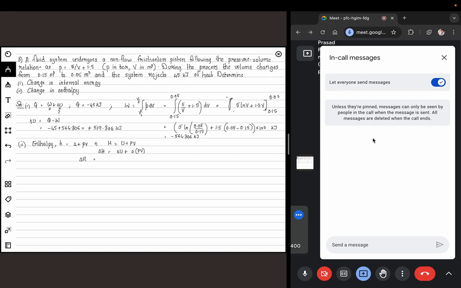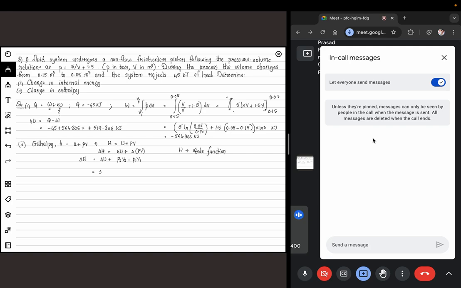Again, to reiterate, H is a property or a state function. It only depends on the initial and final states. It doesn't depend on the process you are following. So this will be delta U, which we have calculated before, plus a term that depends only on initial and final states, that is P2 V2 minus P1 V1.